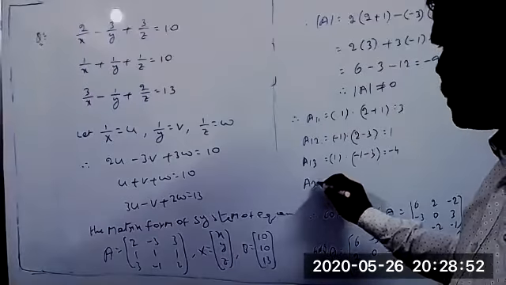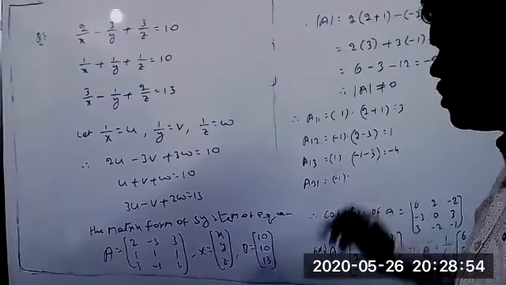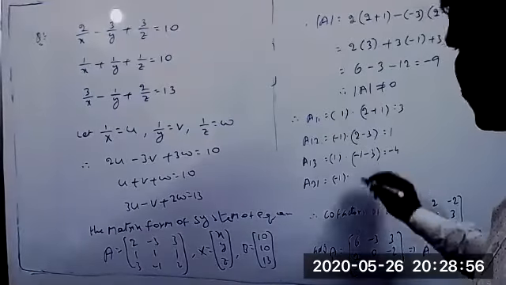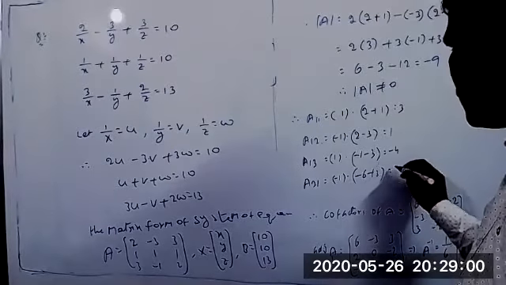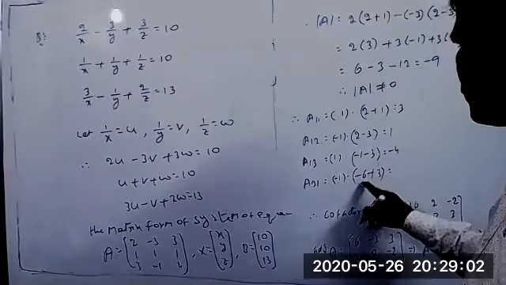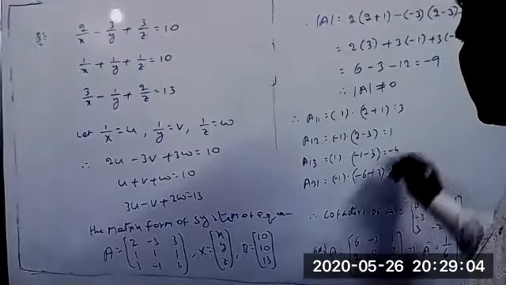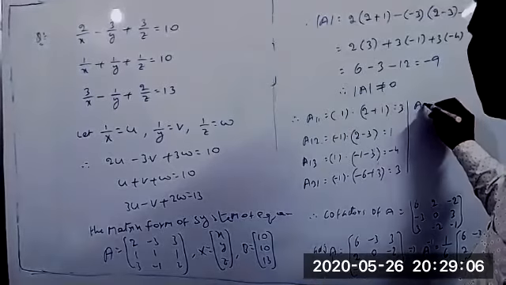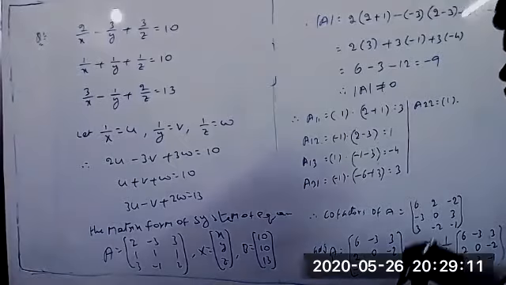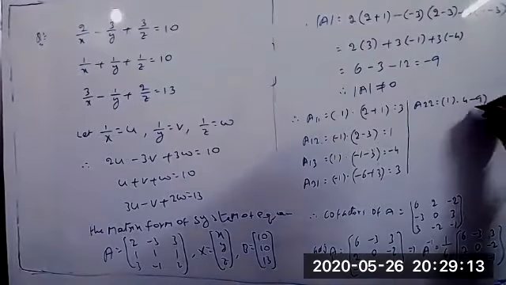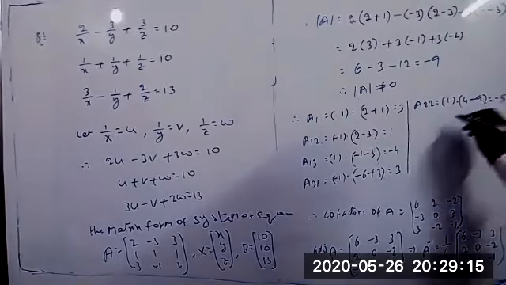Next, A21 equals minus 1 into (minus 6 plus 3). Minus 6 plus 3 equals minus 3, so this is plus 3. Next, A22 equals plus 1 into (4 minus 9), which equals minus 5.